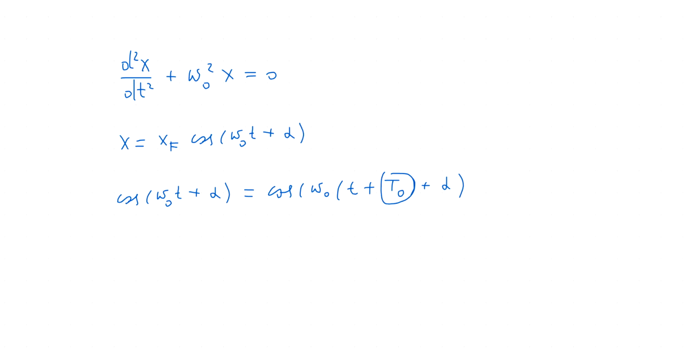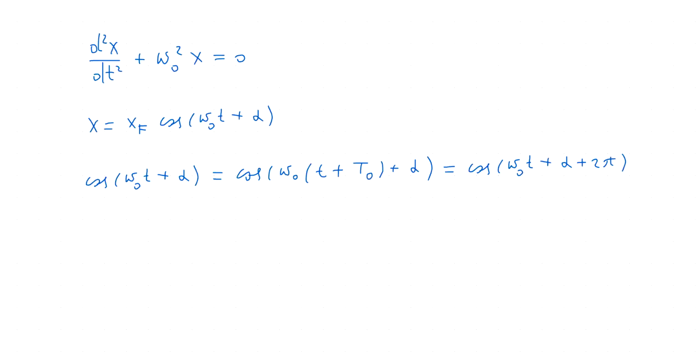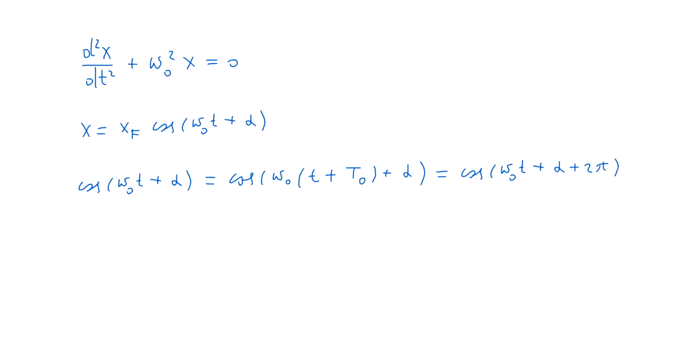and the period of cosine is double pi, and it means that we can write here plus 2 pi. And what do we have?